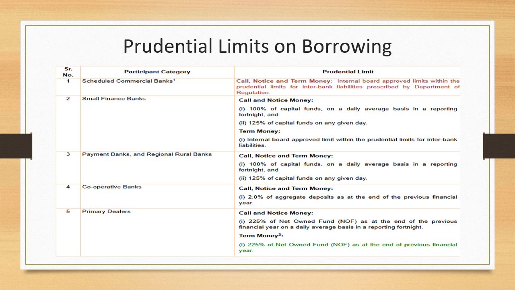What can they do? So 225% of net owned funds, as at the end of the previous financial year on a daily average basis in a reporting fortnight, is what they can borrow. So basically the idea behind this particular slide or this particular norm is to let you know that there is a restriction up to which the borrowing and lending can be done in call money market, right?